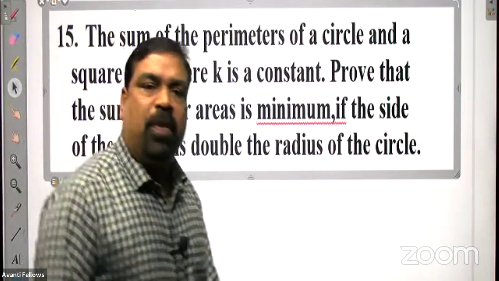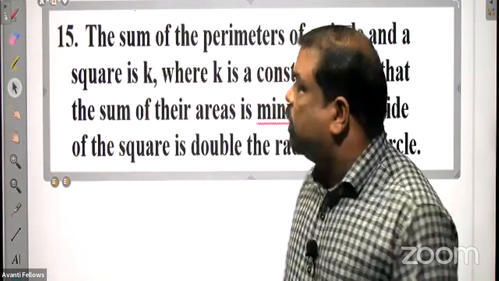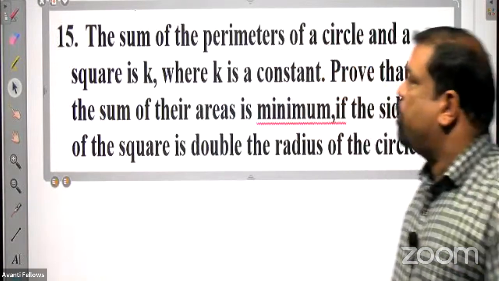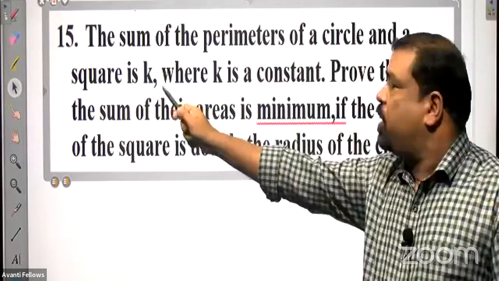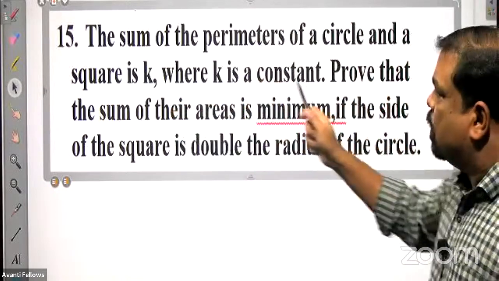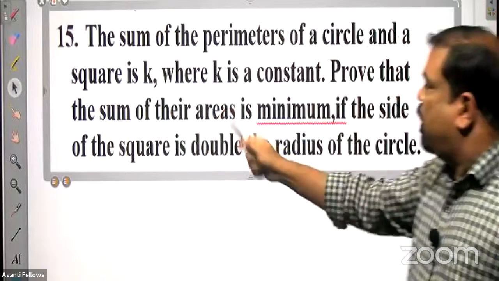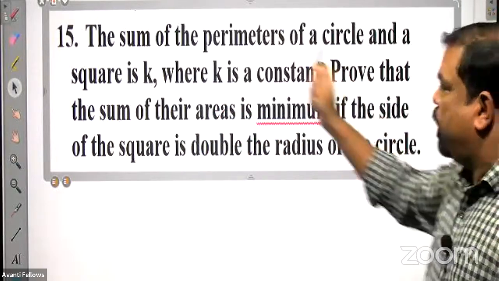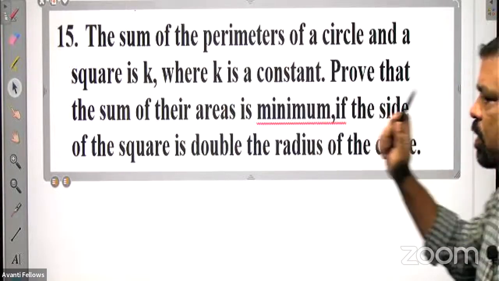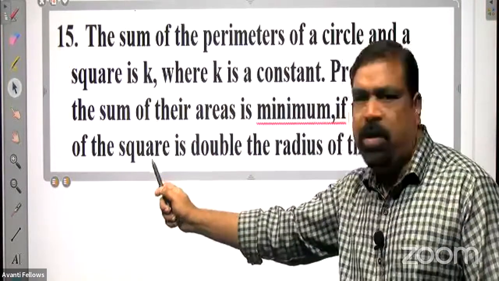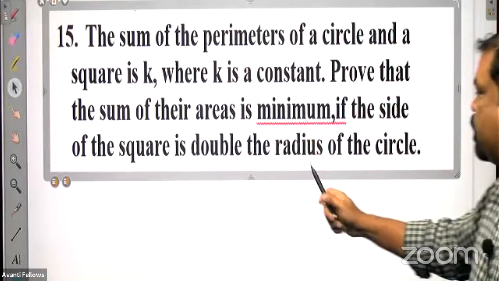So please take this problem. The sum of the perimeters of a circle and a square is k, where k is a constant. Prove that the sum of their areas is minimum if the side of the square is double the radius of the circle.